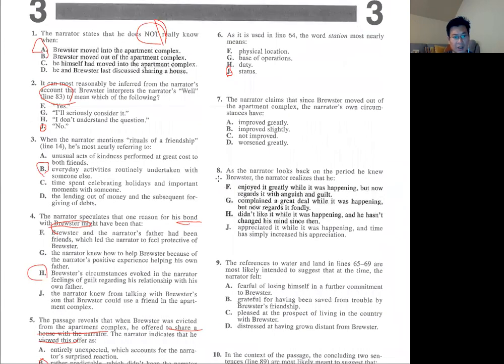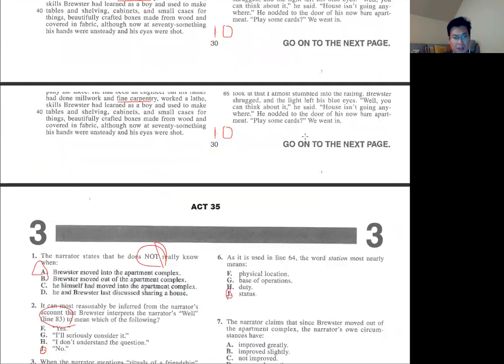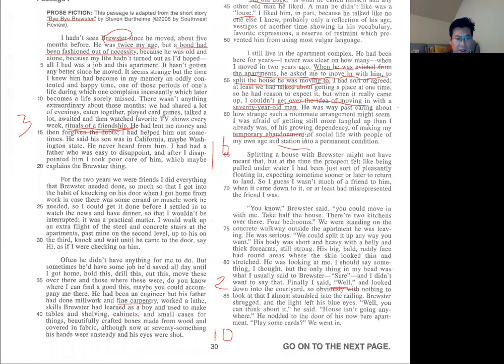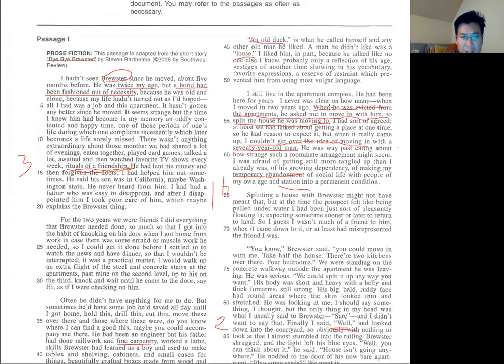No. Number 7, the narrator claimed that since Brewster moved out of the apartment complex, the narrator's own circumstances have... So in the case of this one, we have to go to the same paragraph, which is line 55.